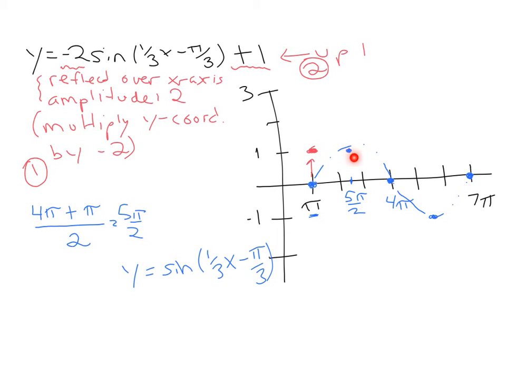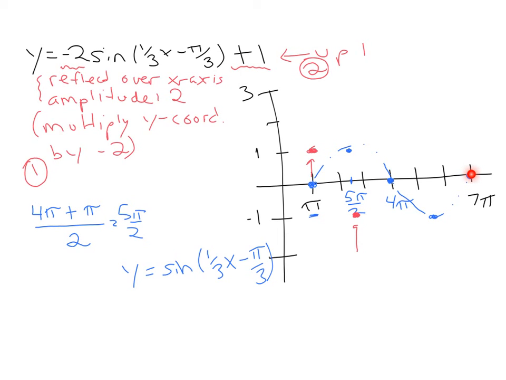So multiply by -2. Now it's -2, which both reflected it and stretched it out. And then from there, shift it up 1, so you land right here. Taking this point, the y value is 0, so times -2, still 0, and then shift up 1, so I get this point right here.